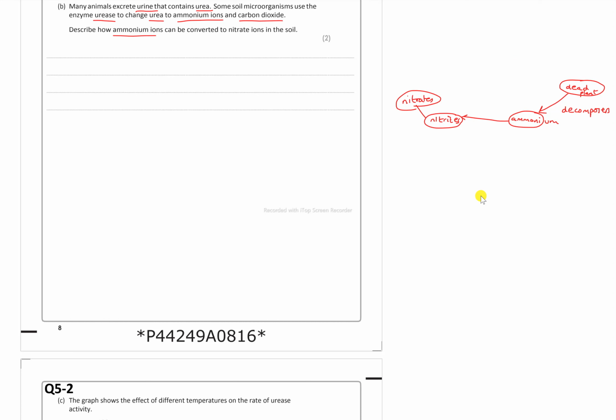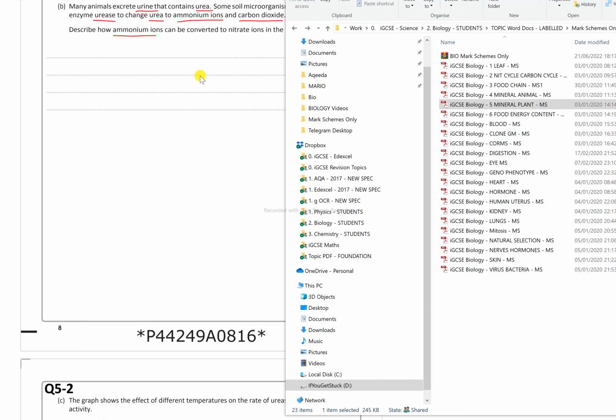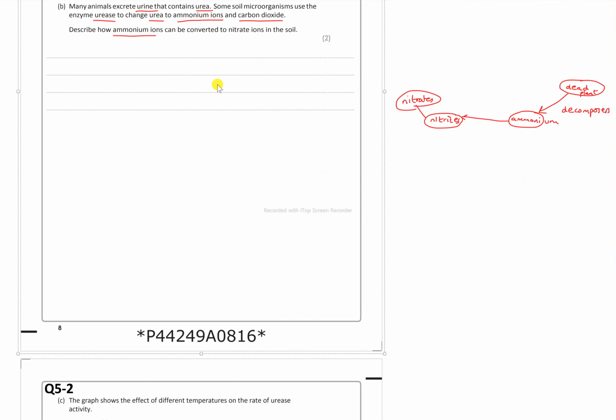Right, so what we've got to do is talk about this. This is what they want you to do. So that's the decomposers.